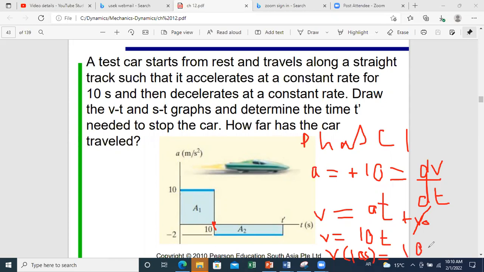Now, once I know the velocity at the end of phase 1, this corresponds to the initial condition of phase 2, because the velocity at the end of phase 1 is the velocity at the beginning of phase 2. Now in phase 2, I also can use that a is dv by dt, but now it's a negative slope, so it's minus 2.